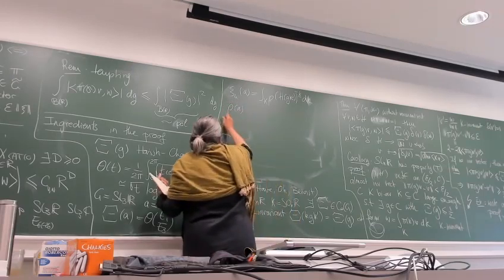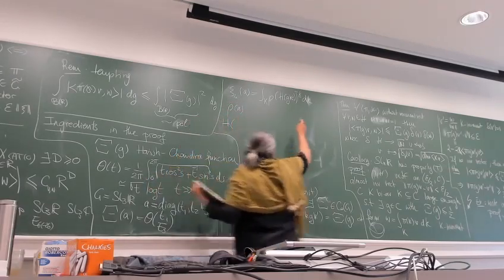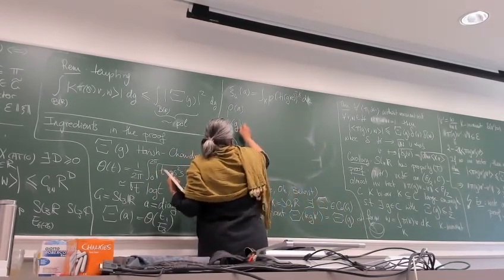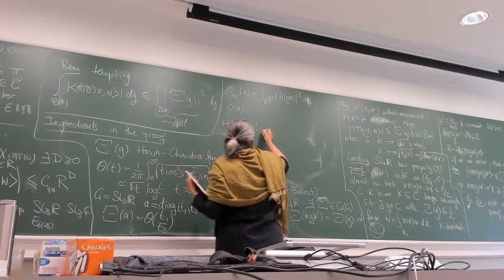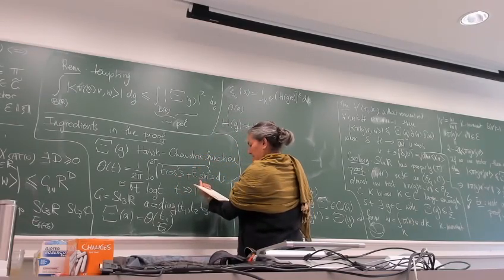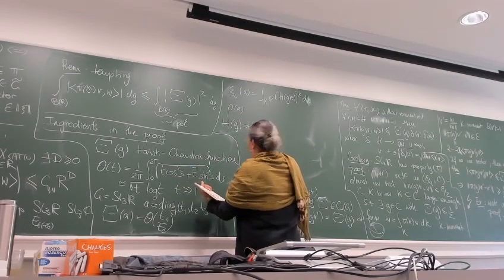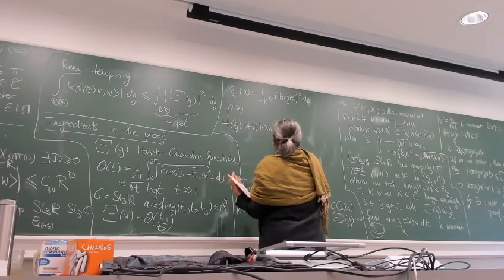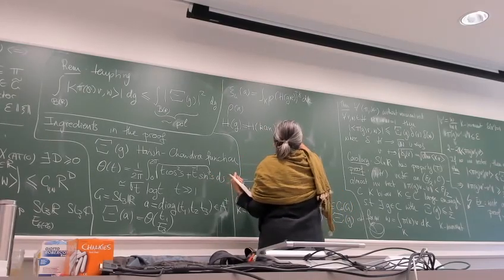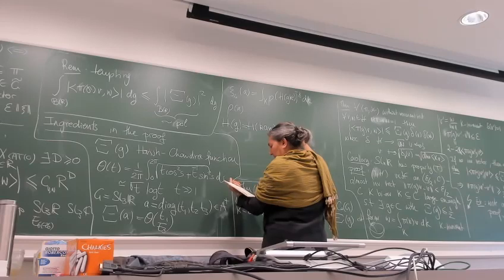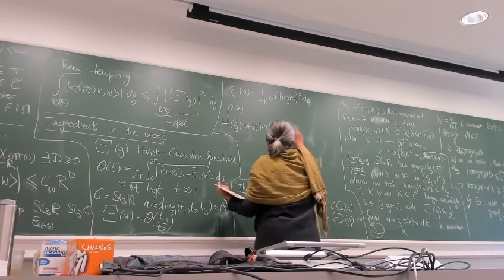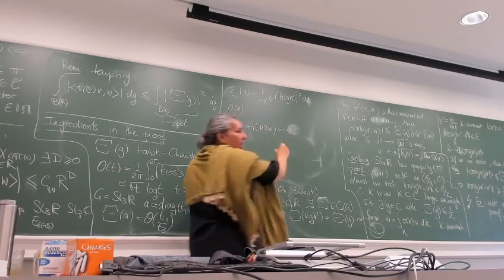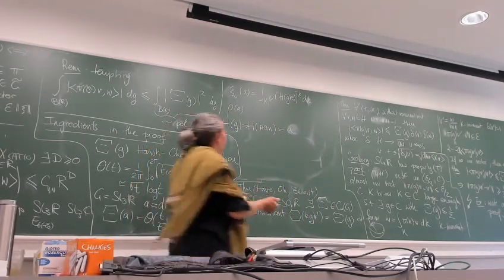So I take an element h of G, and I write it as k-a-n. H of h is just A. This is the function that picks the A element, that picks the flat piece.